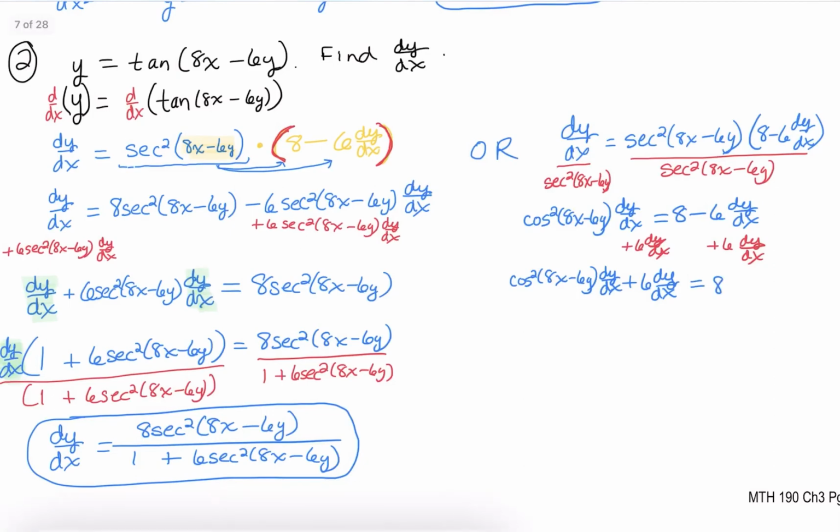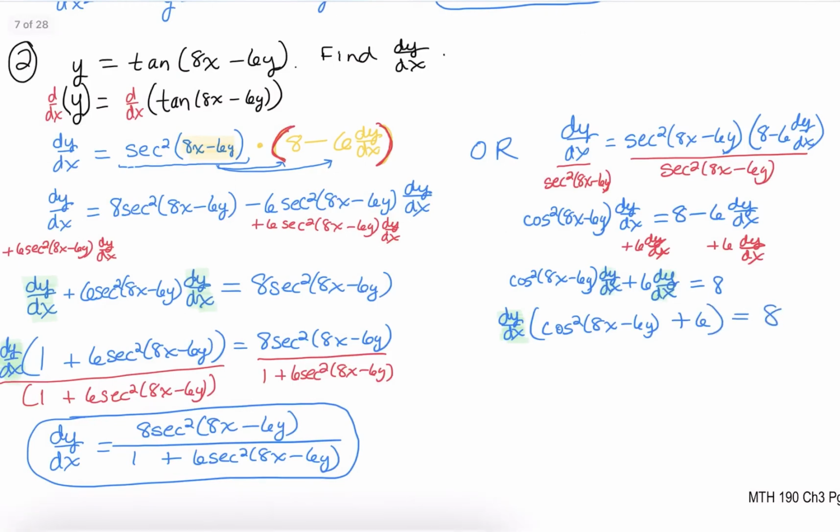So on the left-hand side, I now have two terms that have a dy dx in them, and so I am going to factor out my dy dx. And when I do that, I would have cosine squared 8x minus 6y plus 6 in parentheses.